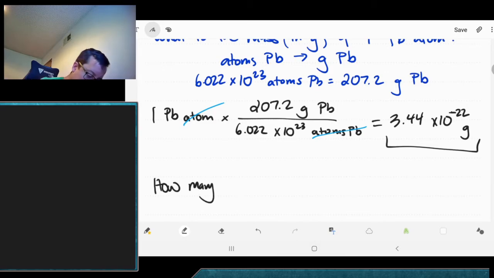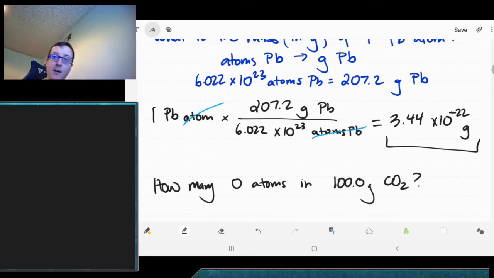How many oxygen atoms in 100 grams of CO2?